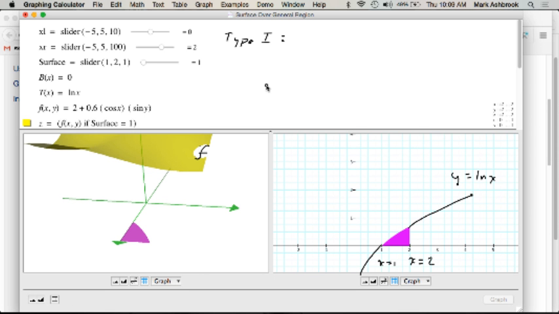Can you write out what the double integral would be? So integrating with dx gives you a different value.